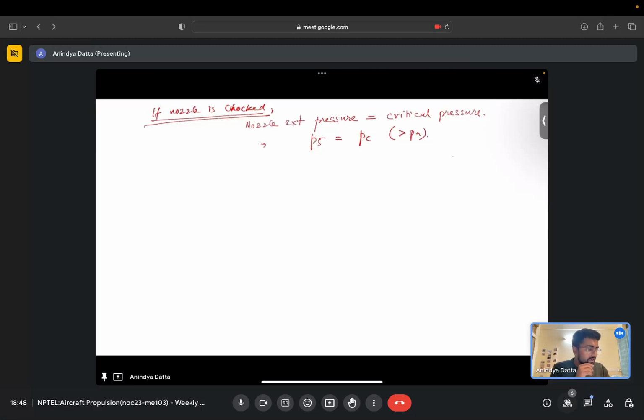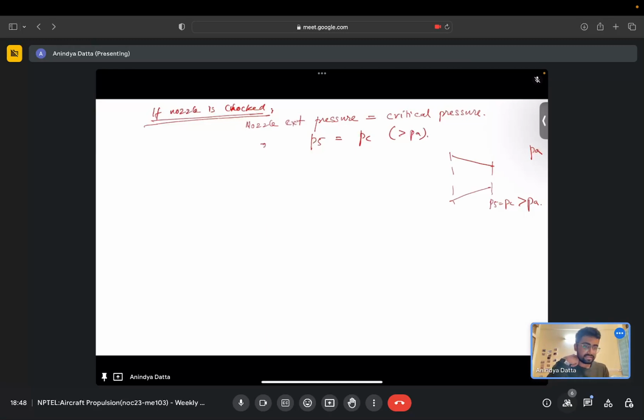So in the nozzle the pressure will be equal to PC, and in the ambient the pressure is PA. In this situation, just at the nozzle exit you have a higher pressure compared to the ambient. This is what we call an under expanded condition: the nozzle exit pressure is greater than the ambient pressure.